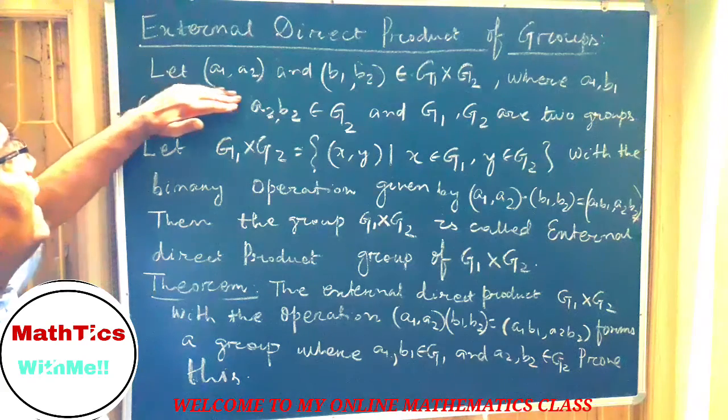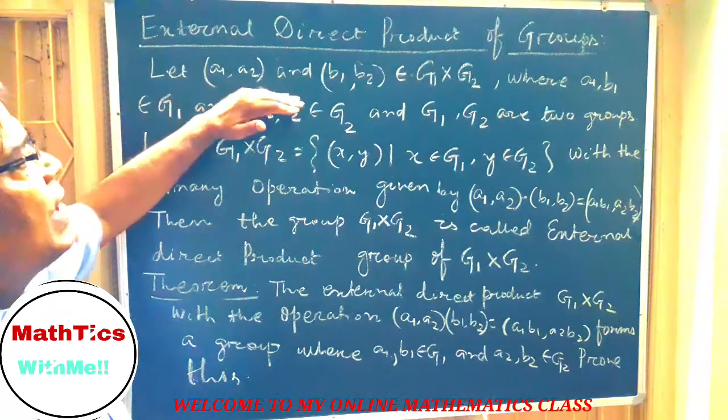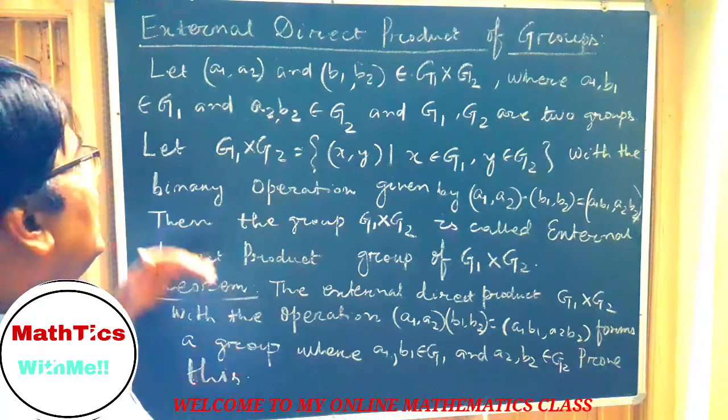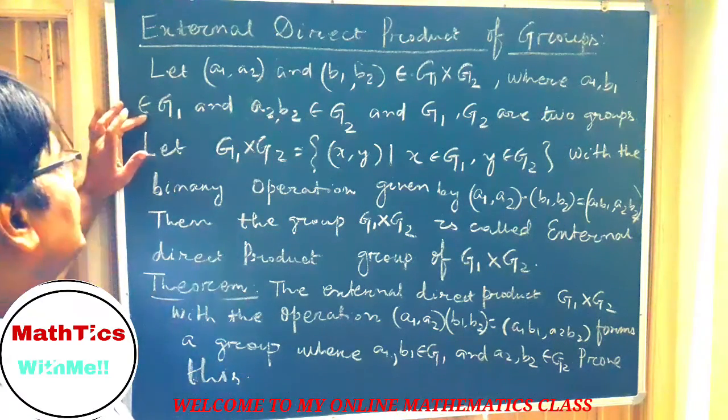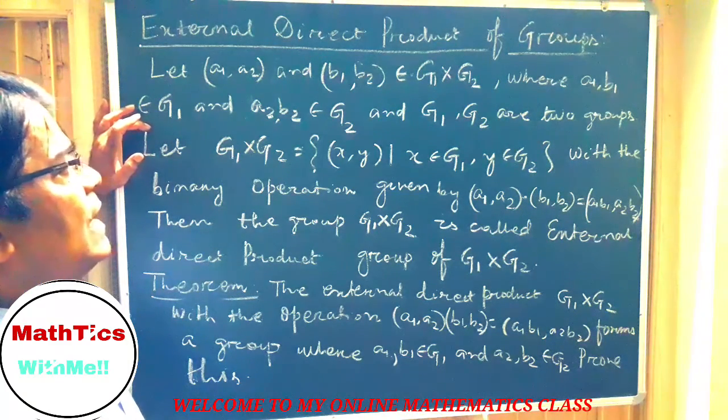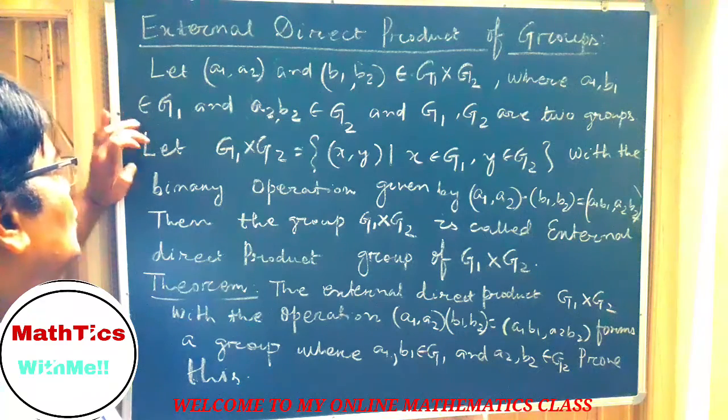Let (a1, a2) and (b1, b2) belong to G1 cross G2, where a1, b1 are elements of G1, a2, b2 are elements of G2, and G1, G2 are two groups.